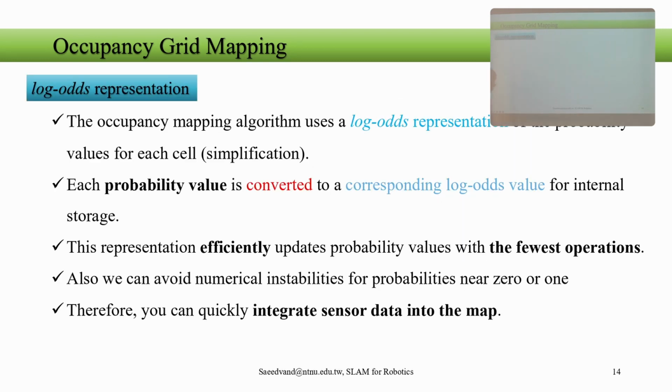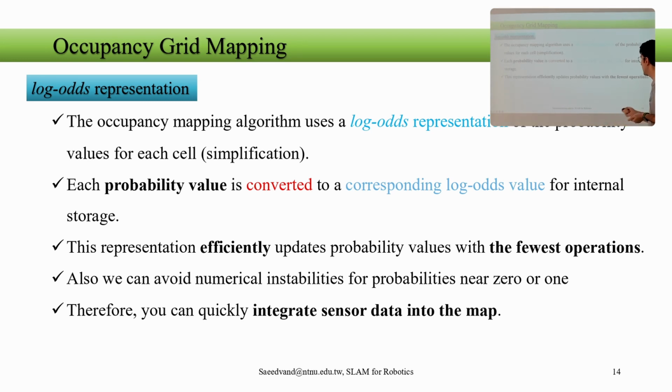But let's see how we can bring it to log odd representation to be able to solve it. So first of all, what is the log odd representation? It is a simplification of the calculation in math that we use in probability form, so that each probability value is converted to the corresponding log odd value for the internal storage of that value.